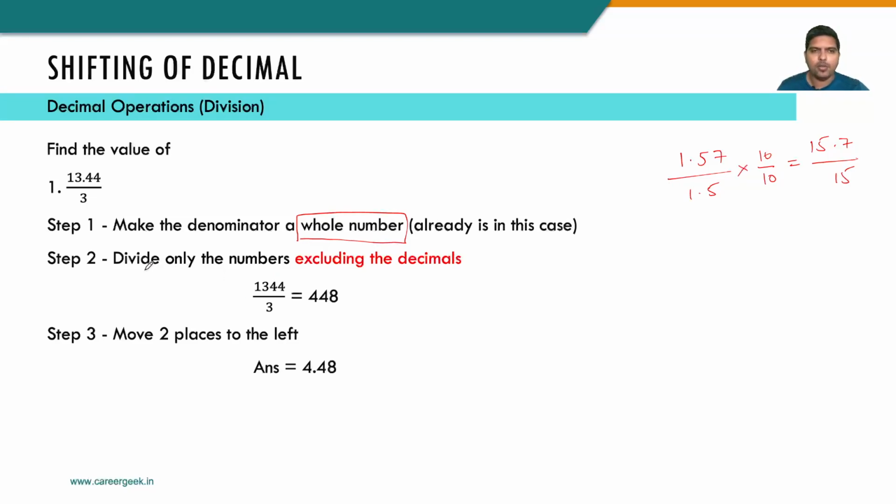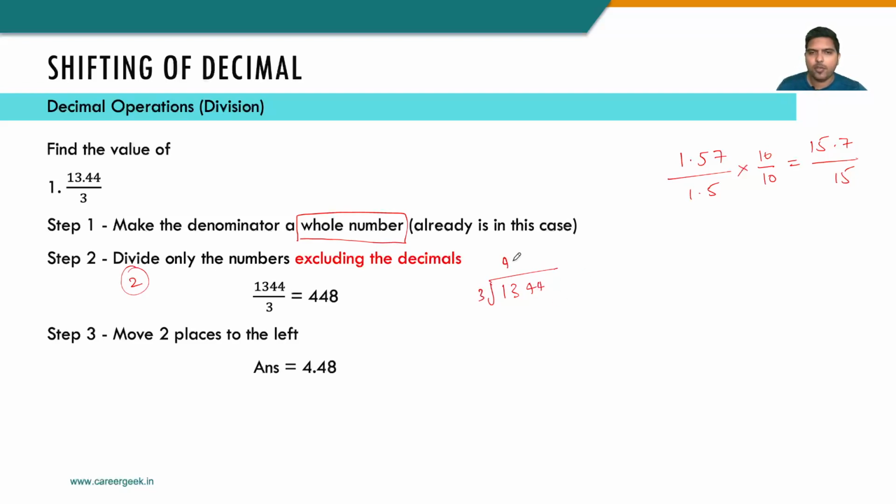Okay, now you will do the same thing. You will count the number of digits to the right of the decimal on the numerator, because the denominator doesn't have any decimals right now. So there are 2 decimals, 2 digits to the right of the decimal. Then the same way what we have done for multiplication, you divide normally.